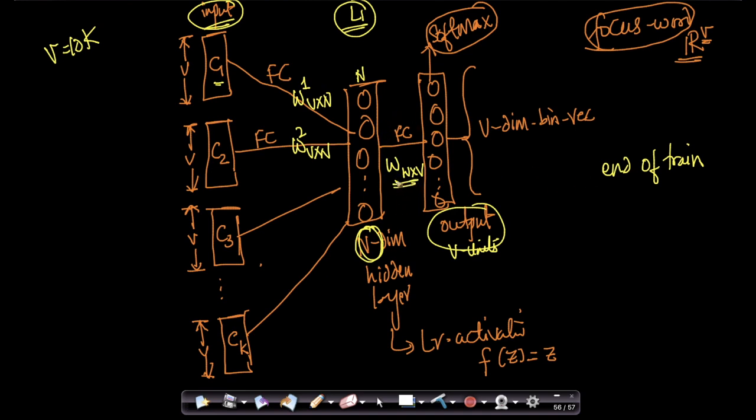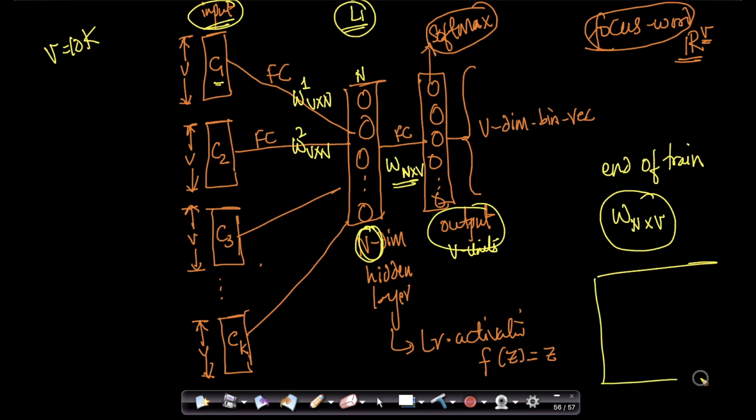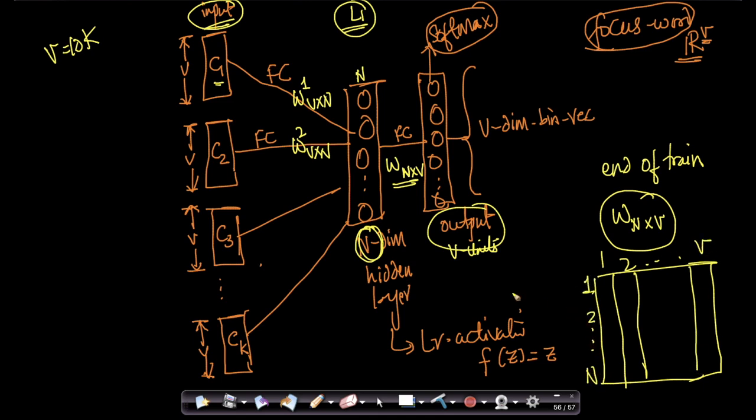Now, if you look at these weights, let's take this W. This W is an N cross V matrix, which means it has N rows and V columns: column 1, column 2, so on and so forth, column V. Now, remember our vocabulary is of size V. So given any word Wi, there is going to be a column corresponding to it in this matrix.